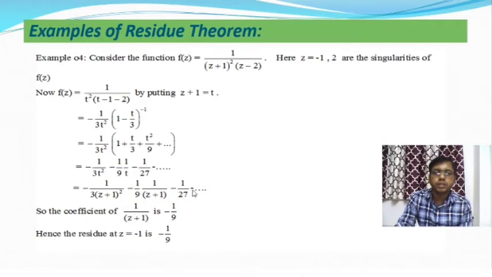And you know the coefficient of 1 by (z plus 1) is the residue of the function f of z, and this series is the Laurent series, and the coefficient of 1 by (z plus 1) is the residue of the function f of z. So therefore minus 1 by 9 is actually the residue of the function at the point z is equal to minus 1.